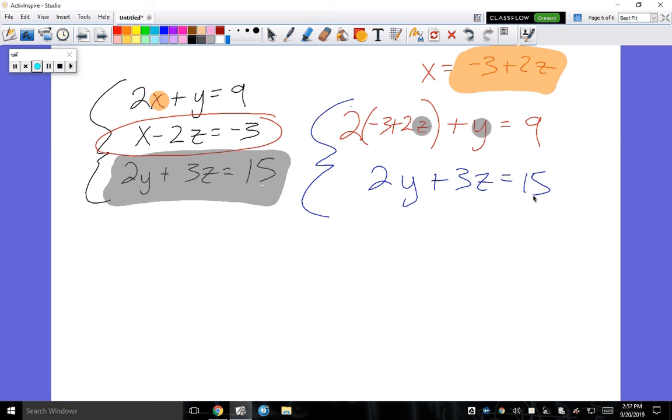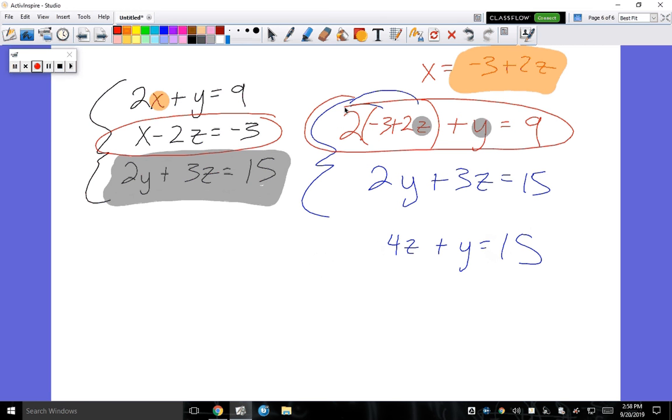If I simplify this out, I'd get a negative 6 plus 4z plus y is equal to 9, which of course if I add the 6 over would change this to a 15. So I have a positive 4z plus y is equal to 15. All I did was manipulate and distribute this one right here. You with me? So now the second equation is still 2y plus 3z is equal to 15.